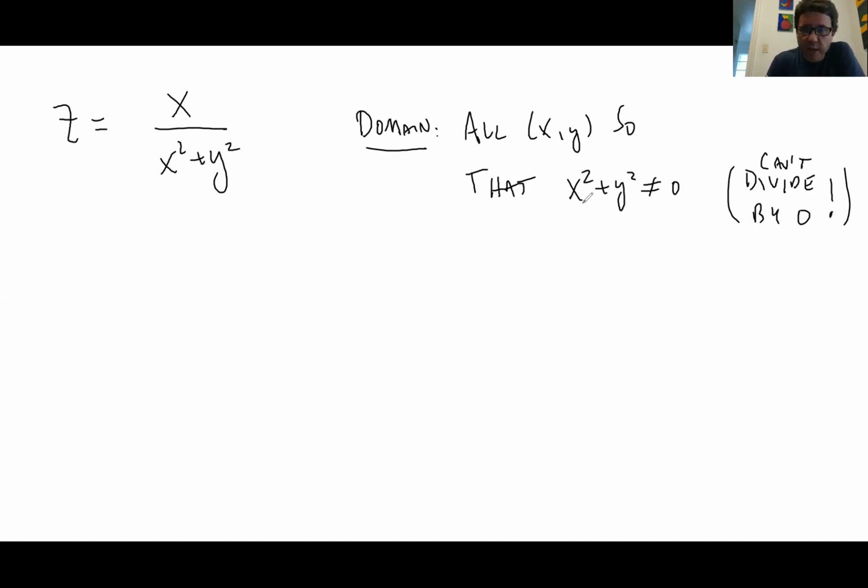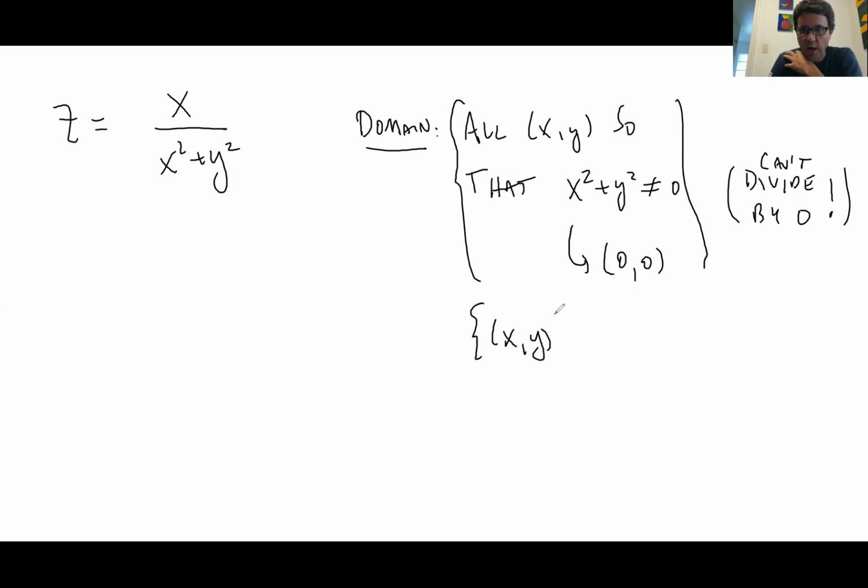So what values would cause x squared plus y squared to be 0? Well, the only thing that would cause that is actually 0, 0, because anything else squared will be positive. So it's basically all pairs except for the pair 0, 0. So you could write it like that. Sometimes they would write it as like this.